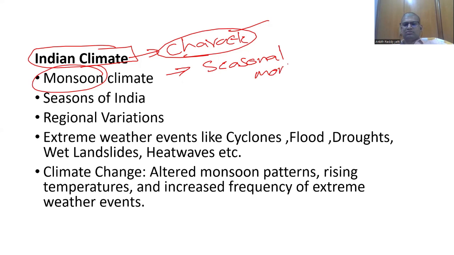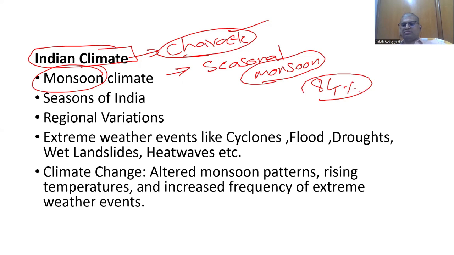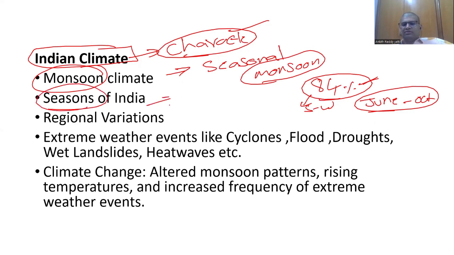Okay, so it is a monsoon wind which brings 84% of rainfall in the country. Okay, that is through southwest monsoon, June to October. India receives 84% of its rainfall during this period because of the seasonal winds called monsoon. Okay, then we have four typical seasons: the monsoon period, post monsoon period.